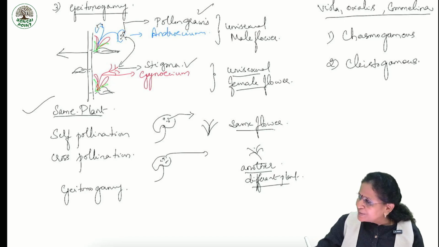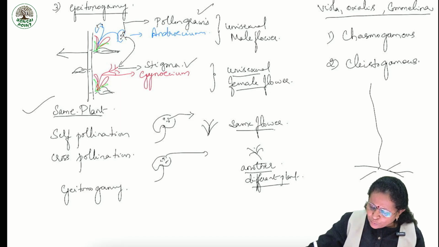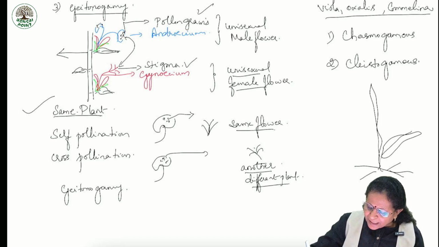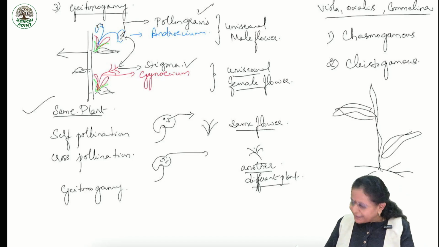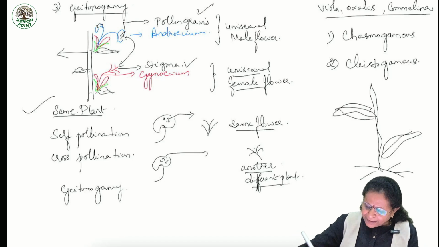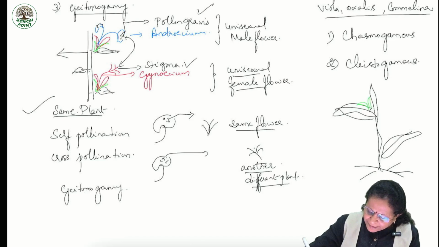If you just observe the plant, okay, it just shows the leaves and the flowers, but something different is, you will find chasmogamous flower like this. This is calyx, this is corolla, okay, and this is the androecium and this is the gynoecium.